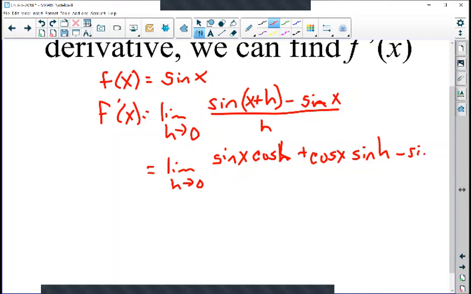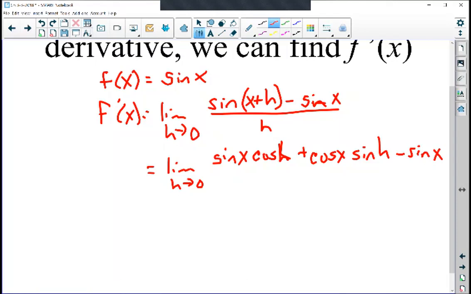Where did cosine come from? It's actually in the definition of the sine of the sum of two angles. So because we have sine of x plus h, instead of doing the sum of those two angles, we can take the sine of the first one times the cosine of the second, and then the cosine of the first times the sine of the second.